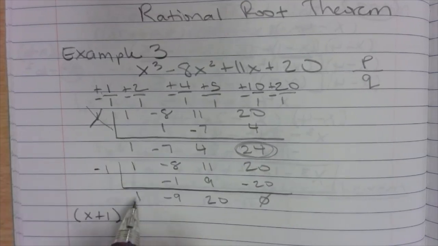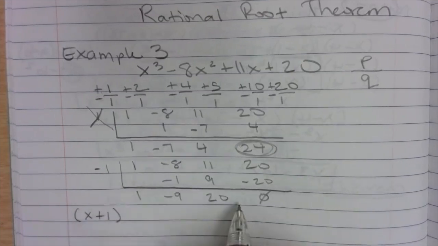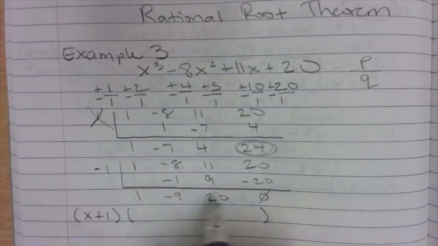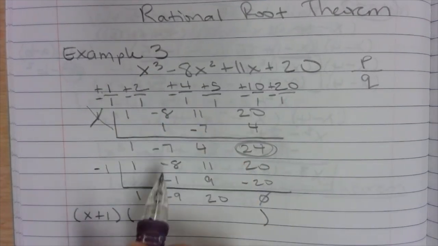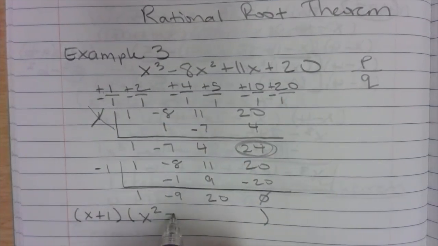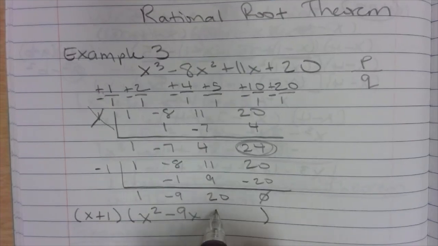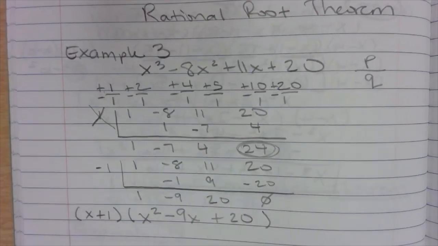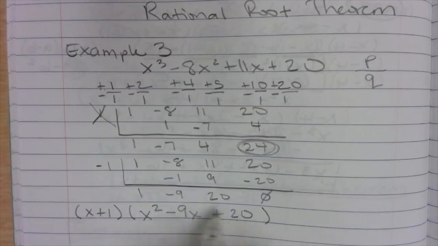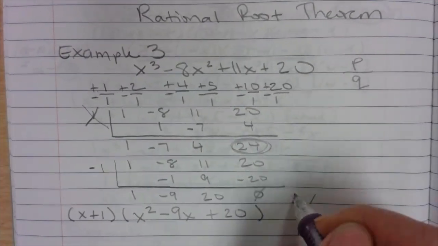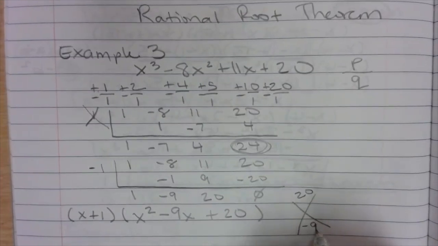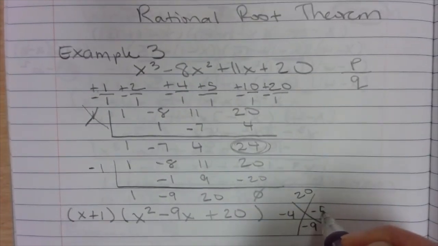Perfect. Now look how synthetic division helps you with a polynomial. I'm going to write the rest of my polynomial, but instead of being x cubed, I'm going to take it down 1, so it's going to be x squared minus 9x plus 20. Now, thank goodness, this I know I can actually factor. So 20 and negative 9 is negative 4 and negative 5.